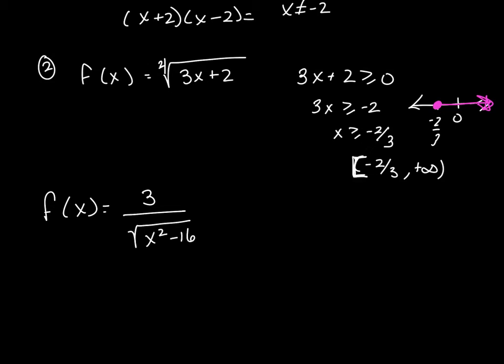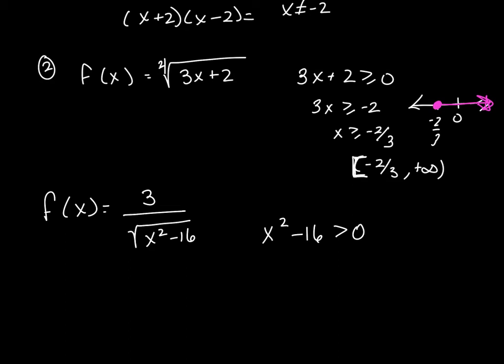So in this case, it's the same idea. I'm not allowed to have a 0 in the denominator. I'm not allowed to have anything underneath that radical be negative. So instead of saying that is greater than or equal to 0, I change this to only x squared minus 16 must be greater than 0. When that radical is in the denominator, you're not allowed to set it equal to 0.